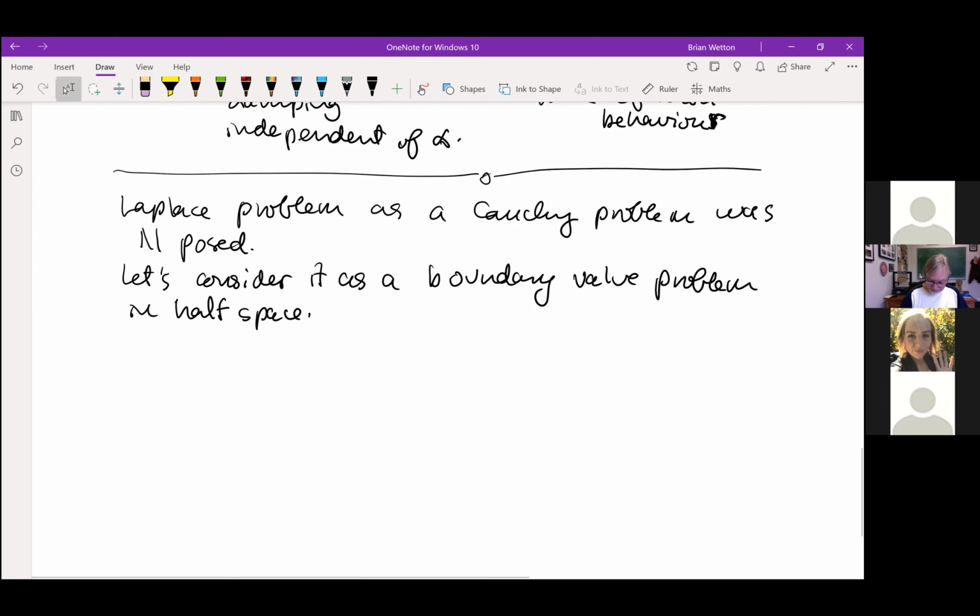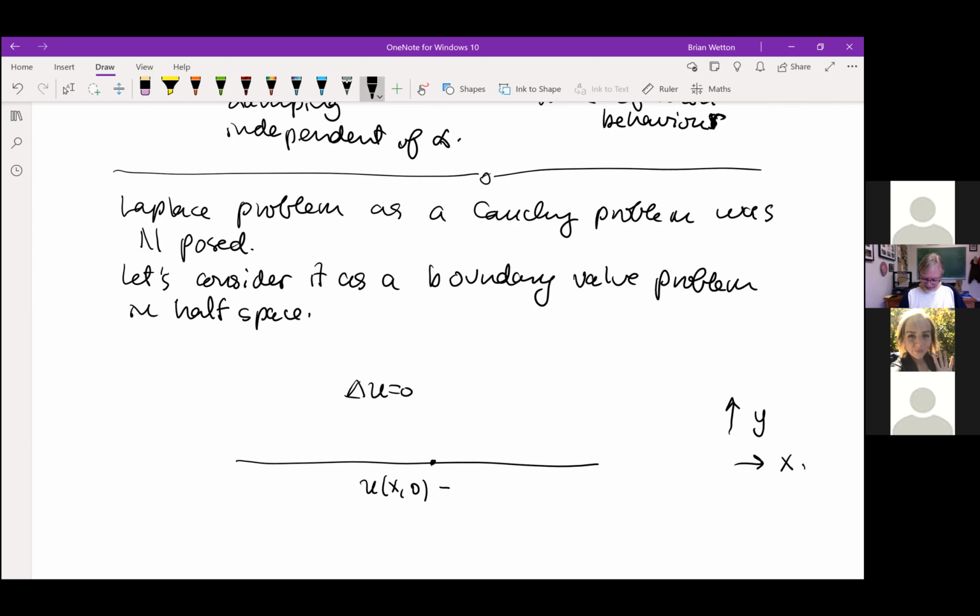Right, so I'm going to have Laplacian of u equal to 0 for y positive, and I'm going to have all of x. And now I know it doesn't make sense to give u and u_y here and expect to get a reasonable solution. It's ill-posed. But I should be able to give boundary values here and get a solution.